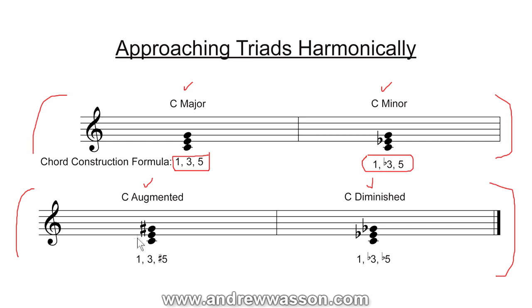And when we move to the world of augmented, this chord is basically, as you can tell, a major chord, but it happens to have a raised 5th interval on it, so augmented 5th. And in the world of diminished, as you could probably tell by now, this chord is more or less minor due to that minor 3rd there, but it also contains a diminished 5th, a flatted 5. So that, like I had mentioned, is all there really is to the world of triads harmonically.